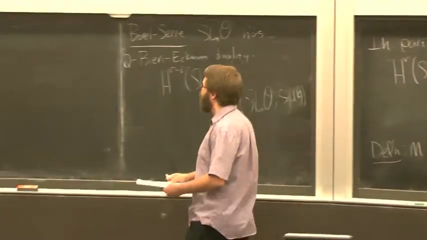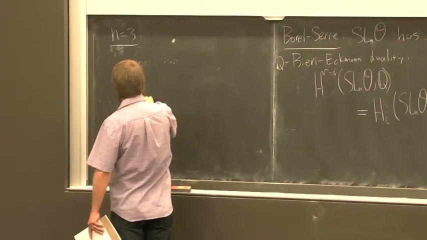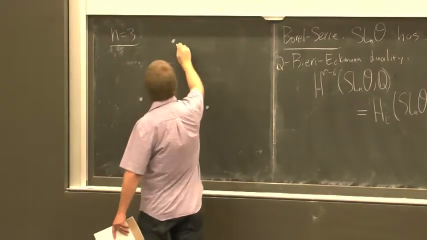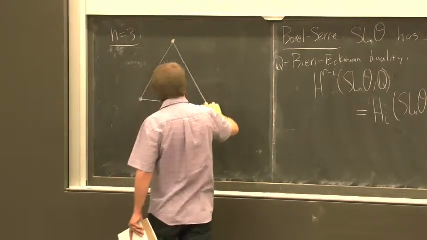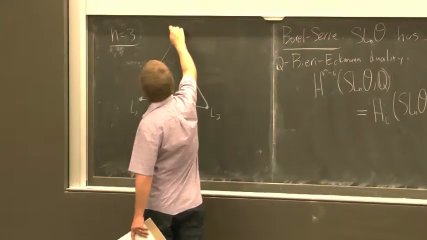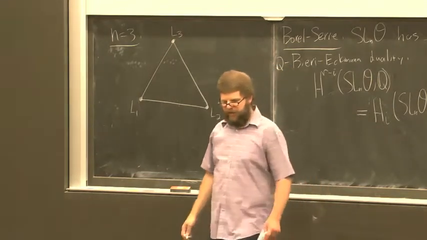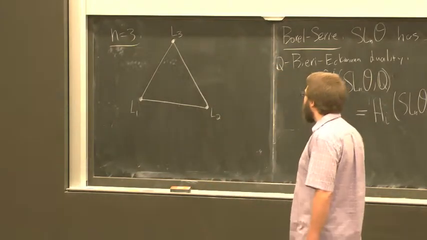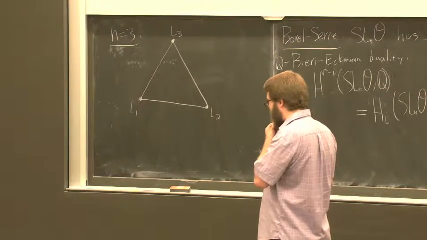And so what do I do? Well, draw myself a little triangle like that. And I stick these lines, L1, L2, and L3 on the 3 vertices. Then, remember, the simplices are given by flags, right?